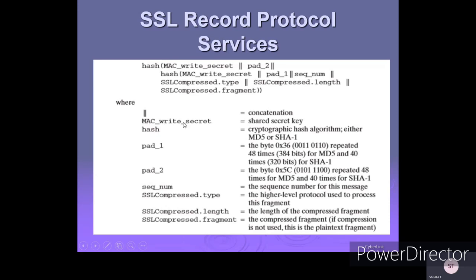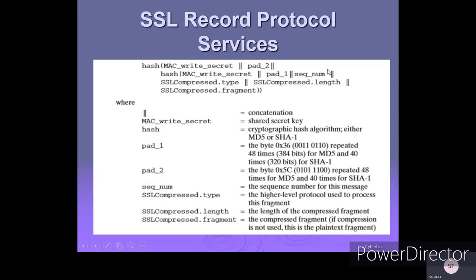The double line implies concatenation. Concatenation means one value is written, next you will be having one more value and they are padded with each other, meaning you are writing them continuously one after another. Okay, and once again the hash function has been applied with MAC write secret.